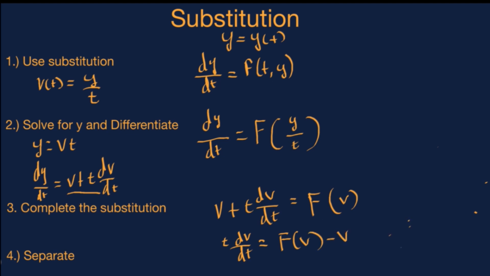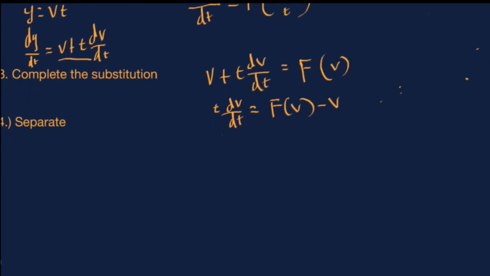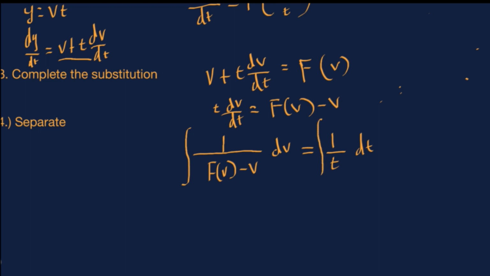And finally, after we complete separating the t's from the v's, we get on the left side 1 over f of v minus v times dv is equal to 1 over t dt. And so we can integrate this and then back substitute for y and solve for y.